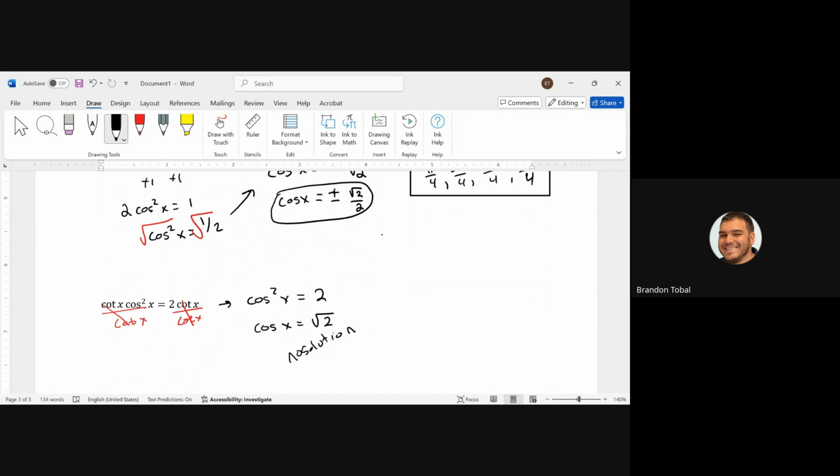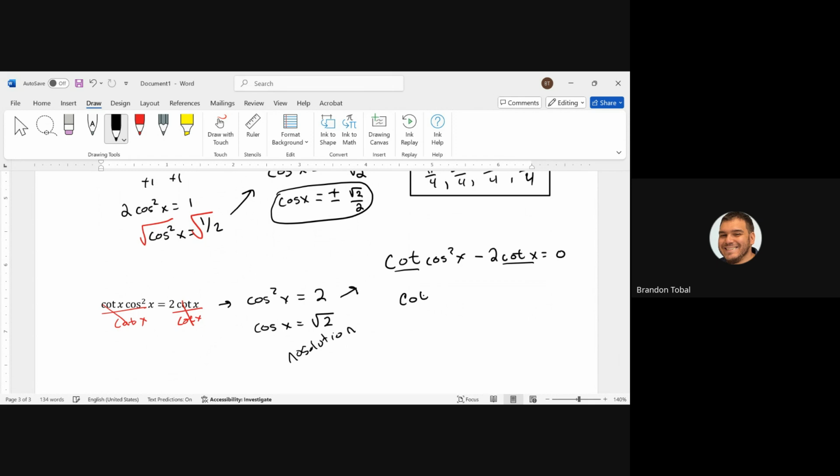But we have to keep in mind something else. So I'm going to rewrite the question to show you something else. So what if I did it this way? Where instead of dividing cotangent on both sides, I subtracted 2 cotangent x. What happens differently? So in this case, because I have 2 cotangents, I could factor it out.